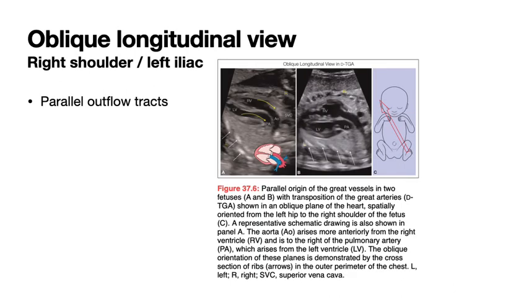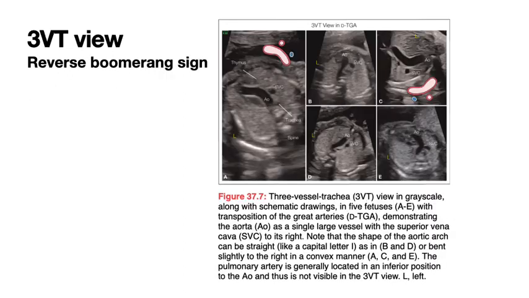Now, if you want to see the parallel outflow tracts, you need to be a little more oblique, kind of angling from the baby's right shoulder to the left iliac. Now, up in the three-vessel trachea view, what you're going to see is an unusual thing, and it is called the reversed boomerang sign.